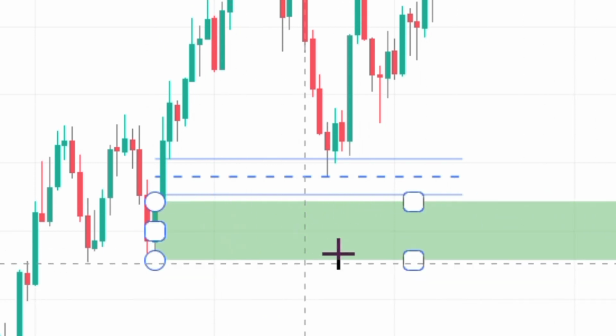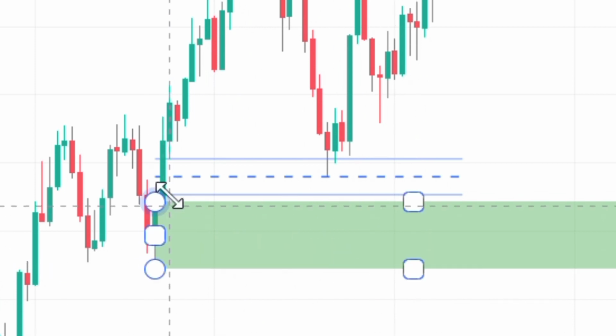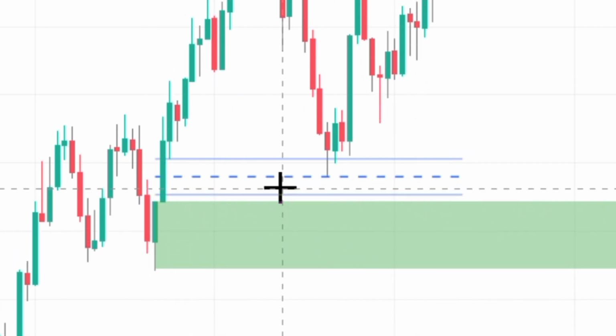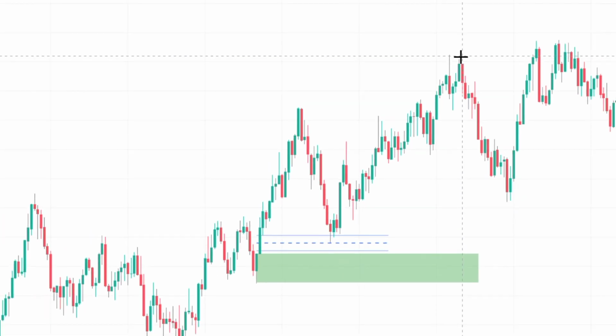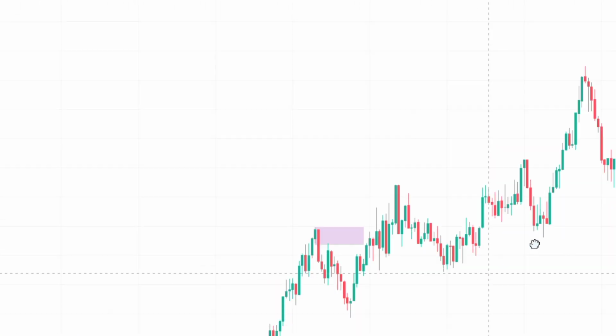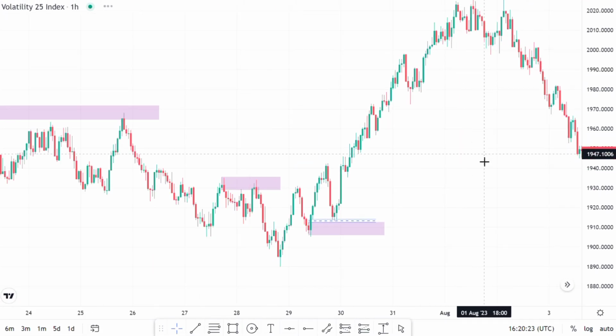Price didn't come into it to interfere with the block, but price came to the FVG just as I pointed at the last one. Then price went our way. So you can see that order blocks and FVGs work handily to ensure your trade goes very well for you. We'll go on to look for more examples.